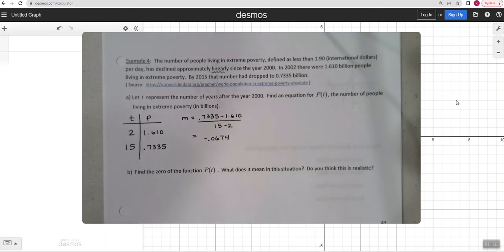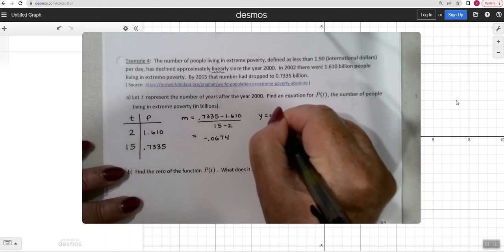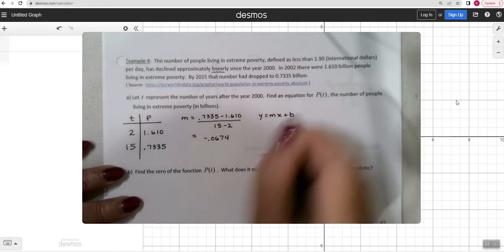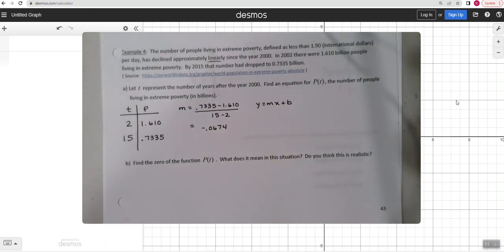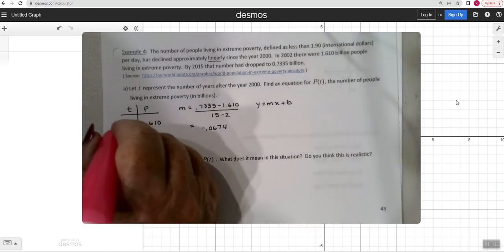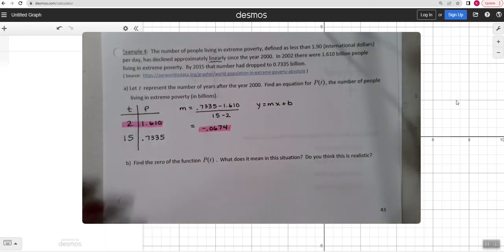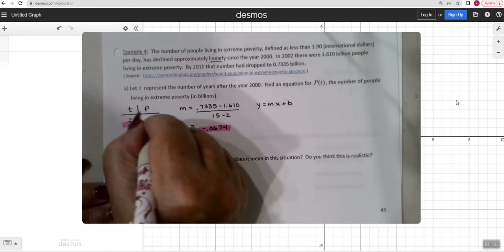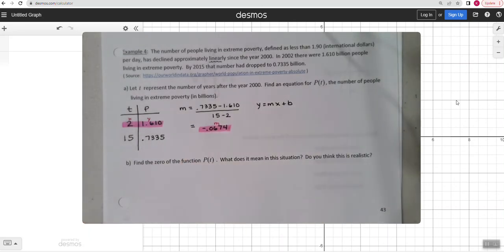All right, so I know M. I now need B. I don't have a T equals 0 here, so I can't just grab it off the table. I'm going to have to go back to the equation of the line. Just to get the B, I'm going to go with y equals mx plus b. Eventually, I'll change to the T's and the P's. But I'm going to plug in a couple of values. My input and output pair here, I'll use for the x and the y, and then the M that we already calculated, I can plug in.